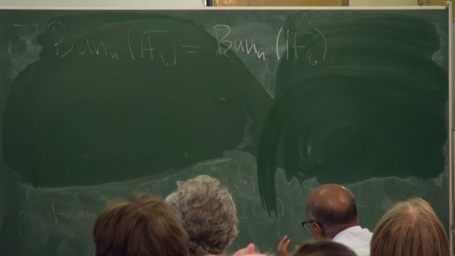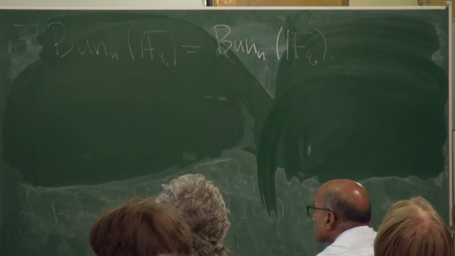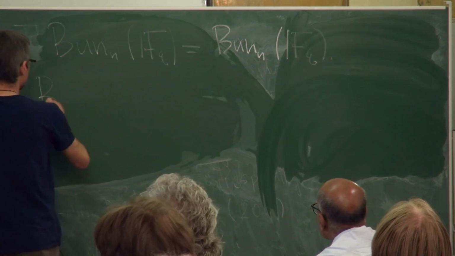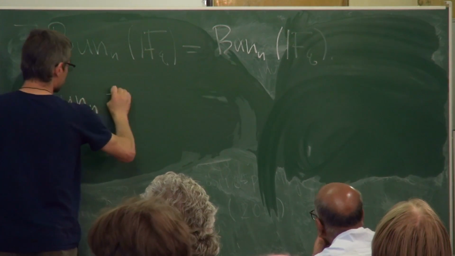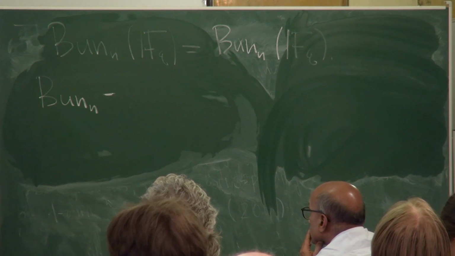So now there exists a geometric object. It's not quite an algebraic variety, it's an algebraic stack, but it's not actually so different, called Bun n. And if you came to this conference, it has appeared a bunch of times.